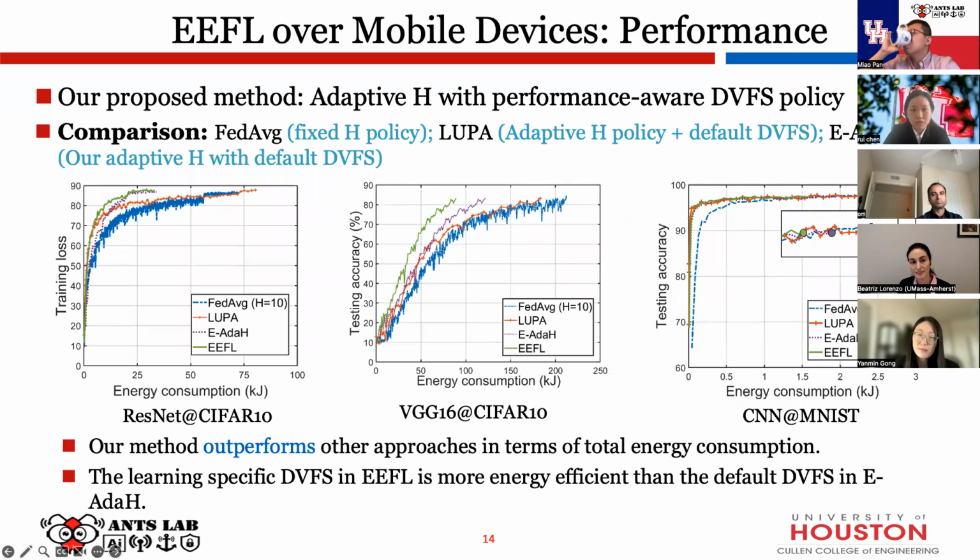For the accuracy, we use the CIFAR-10 test dataset on the server side to do the evaluations. The testing accuracy here shows the accuracy of the global model using a test dataset, which is untrained for the clients.